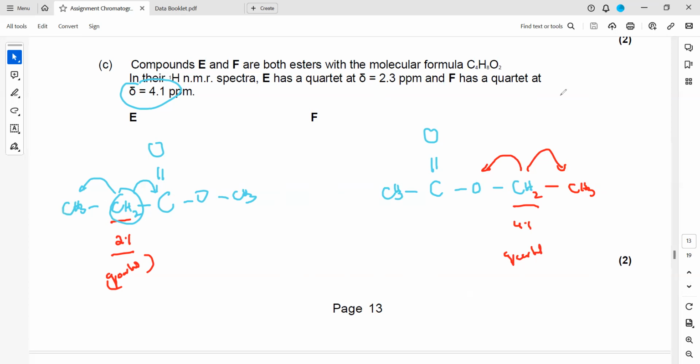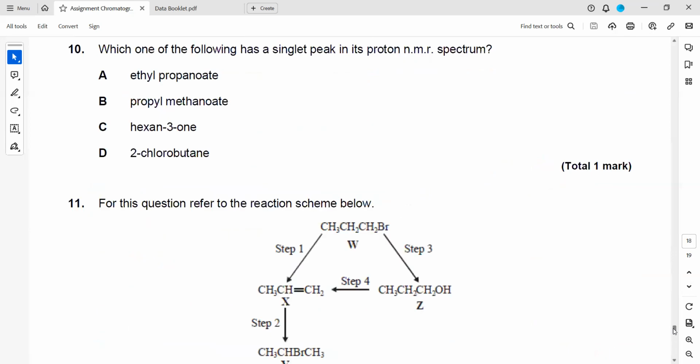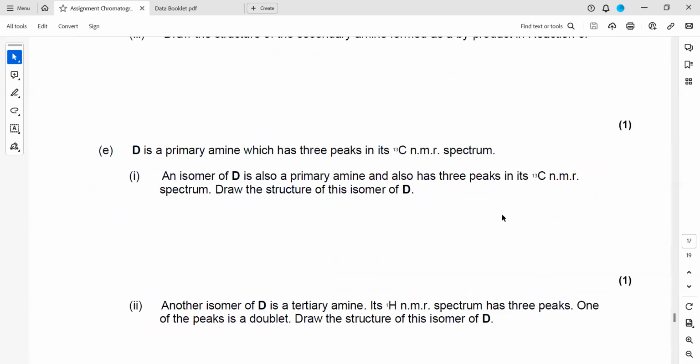Because one is methyl ethanoate, another one is ethyl methanoate. So this was page number 13 and page 17. Page number 17, the doubt is part D and E.